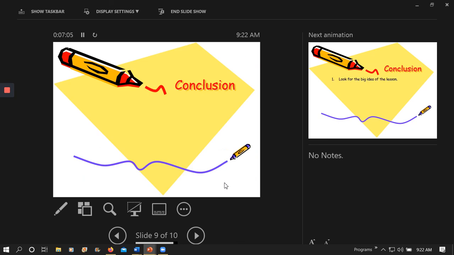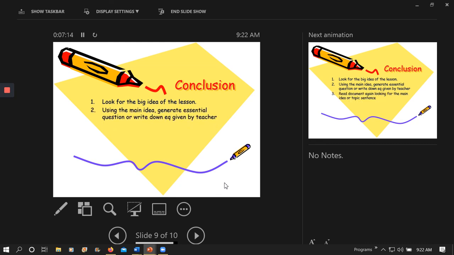Your conclusion, what do you do in the conclusion? Well, look for the big idea of the lesson. Using the main idea, generate essential question or write down EQ given by the teacher. Read the document again, looking for the main idea or topic sentence. If you were doing a worksheet, it's the same process except it's just the worksheet.